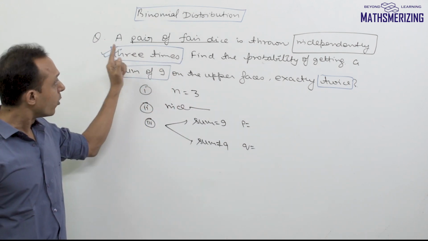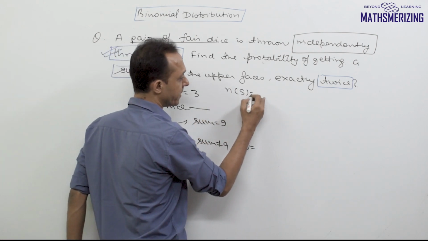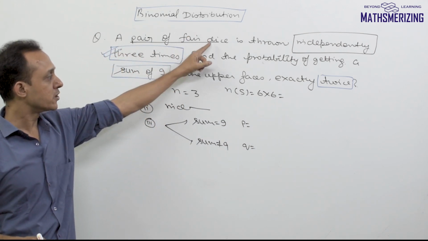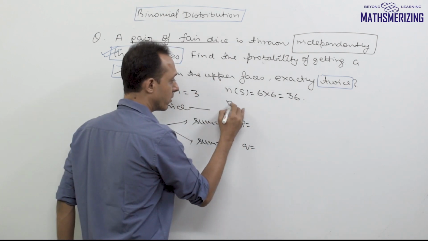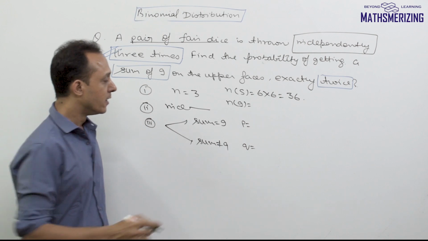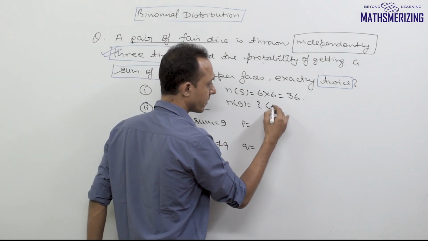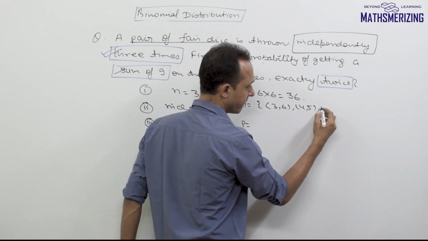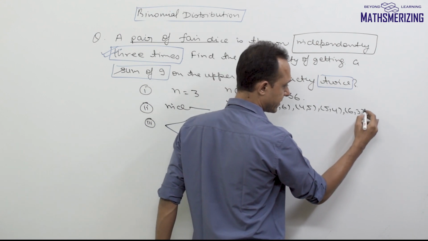9. If I roll this pair of dice, I know the total number of elements in the sample space will be 6 into 6. So for each of the dice, I'll have 6 conditions. So 6 into 6, there will be 36 cases. So I need to figure out all those cases where the sum of the numbers is simply 9. So the sum of the numbers will be 9 when we have either (3, 6), (4, 5), (5, 4) and (6, 3).